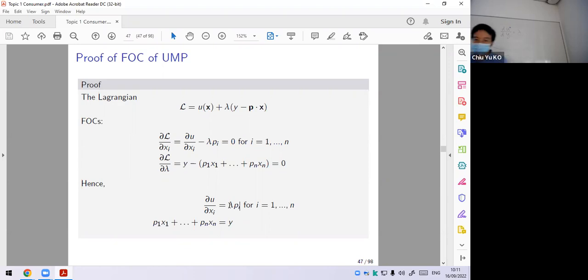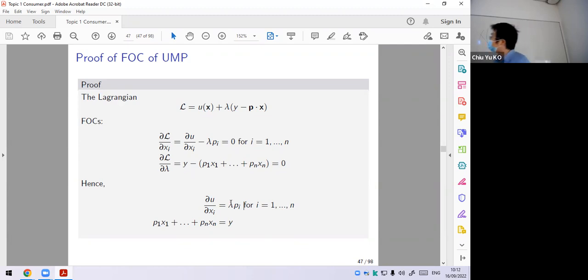So this FOC means your marginal utility on x_i. Suppose I give you one more unit of i, this is how much gain you have. And the other side is, if you want to buy one more unit of i, you need p_i, the cost of p_i. This money is worth lambda utility to you.